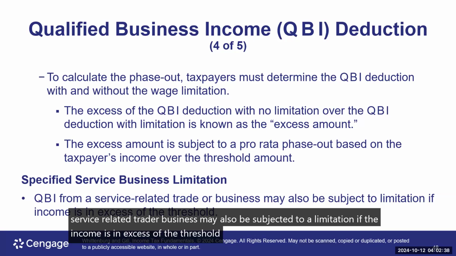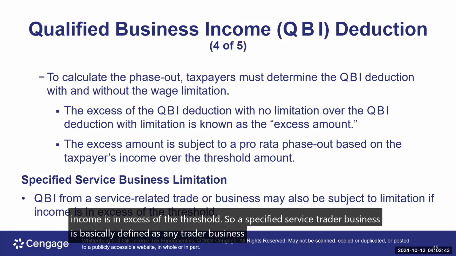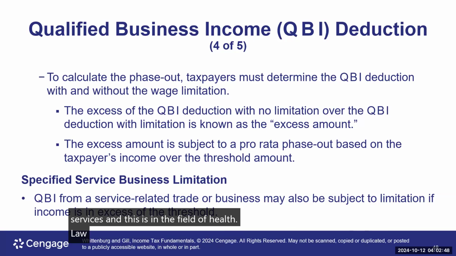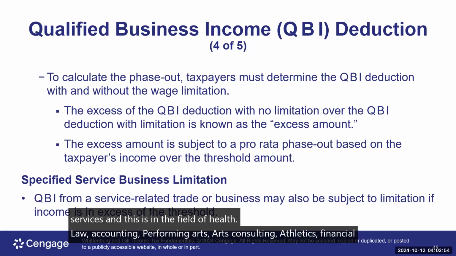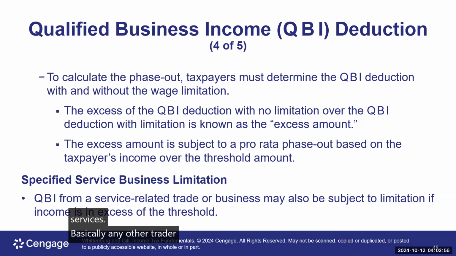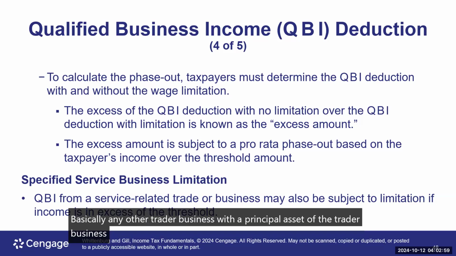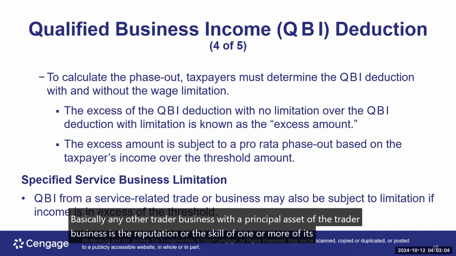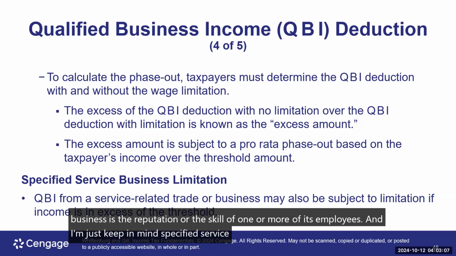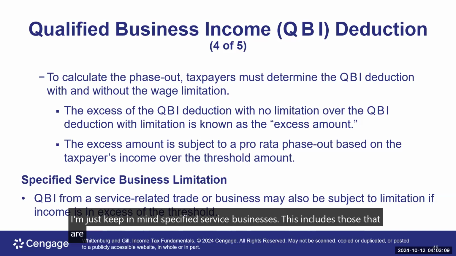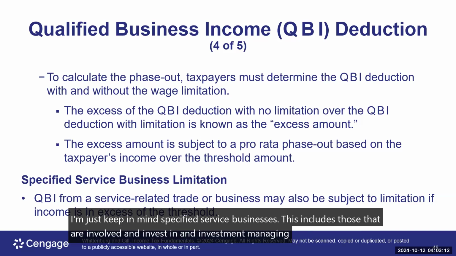A specified service trade or business is basically defined as any trade or business that involves the performance of services in the field of health, law, accounting, performing arts, consulting, athletics, financial services, basically any other trade or business where the principal asset of the trade or business is the reputation or the skill of one or more of its employees. And just keep in mind, specified service businesses include those that are involved in investing, investment managing, trading, or dealing in securities, interests, or commodities.